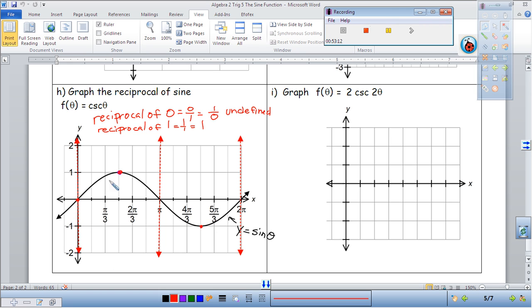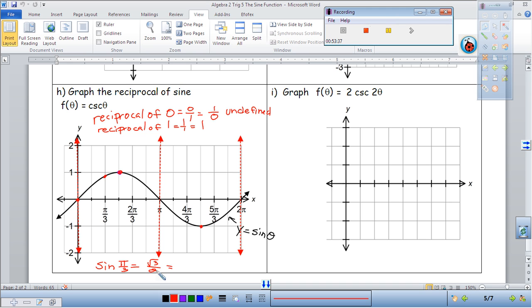The next one we're going to need to know is pi over 3. I guess we'll do pi over 3 right here. Okay, you want to find the sine of pi over 3? The sine of pi over 3 is square root of 3 over 2. Is that right? Yeah. Square root 3 over 2.